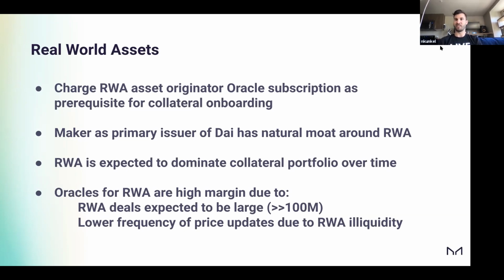We can just mint DAI out of thin air, versus secondary lenders, who need to source stablecoin liquidity first before they can re-lend it to a real world asset originator. That difference in the cost of capital is effectively what gives Maker its moat around real world assets. If you want to borrow $500 million or $1 billion, Maker is conceivably the only protocol that allows you to do that.